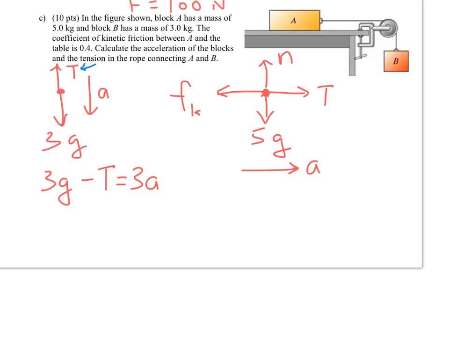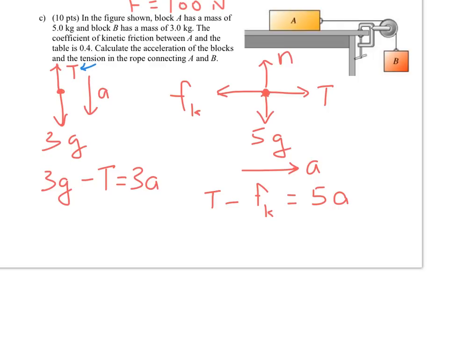So that's the free body diagram, and if you apply Newton's second law to the x motion, it says sum of x components. Only T and f sub k have x components. It would be T minus f sub k, because friction is in the negative direction. You add a negative number, so you subtract f sub k. This must be equal to the mass, which is 5, times its acceleration.